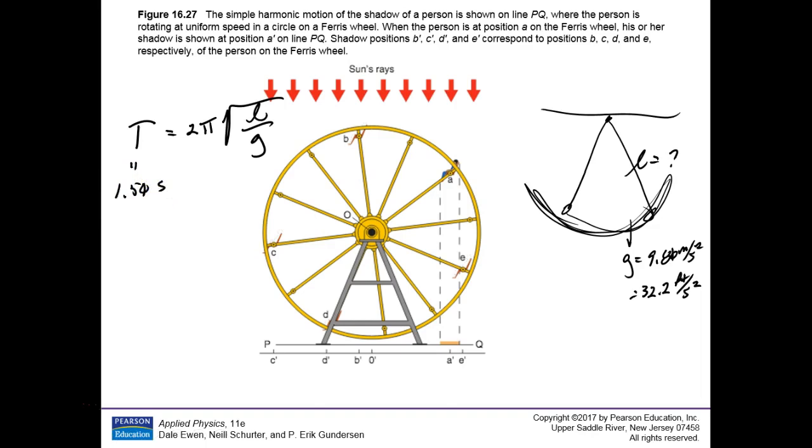Now they say in centimeters. So since we're in centimeters, we're going to use the metric type measure, maybe not exactly SI. But since they're asking for centimeters, we can't use G in meters per second squared. We need it in centimeters per second squared.